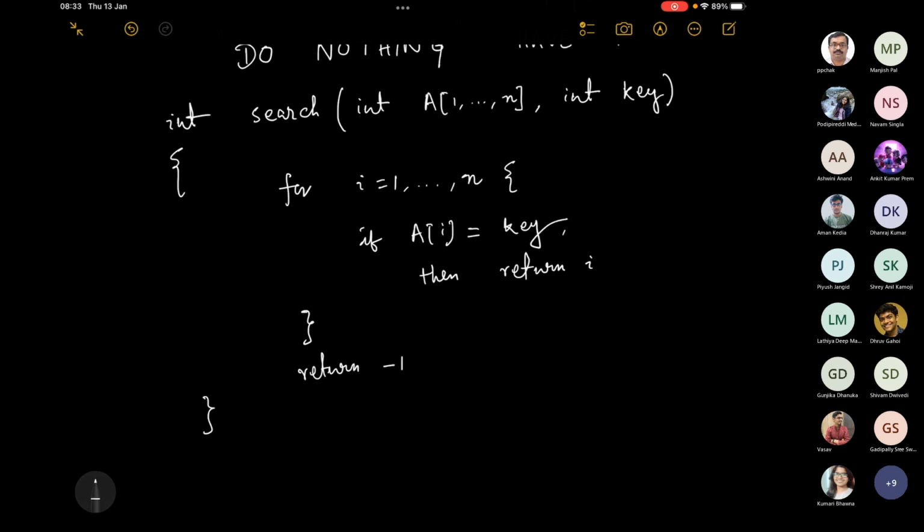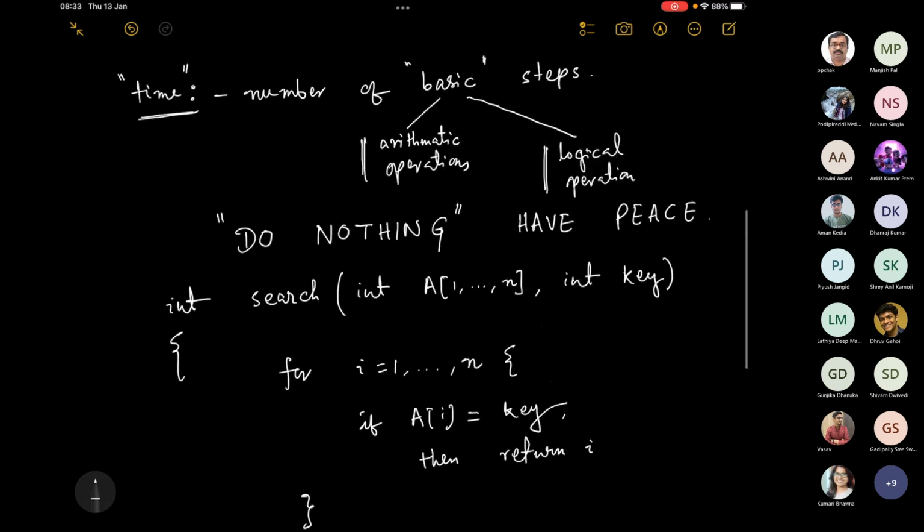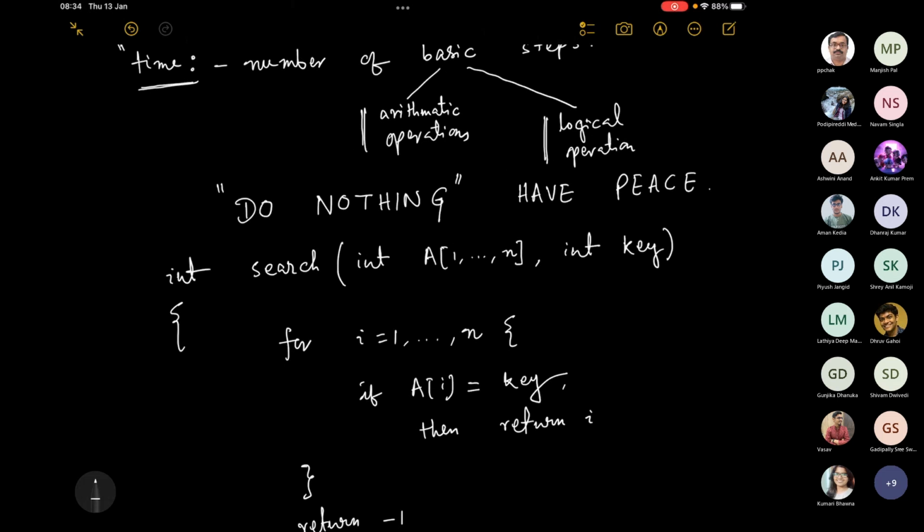Now, again, let me motivate. Why the number of basic steps? First motivation, why we should be happy at that level of basic steps. Which steps are basic steps? That depends on machine to machine, computer to computer. Even in today's computers, if you take various models of PC, the basic instruction set may be different from processor to processor.